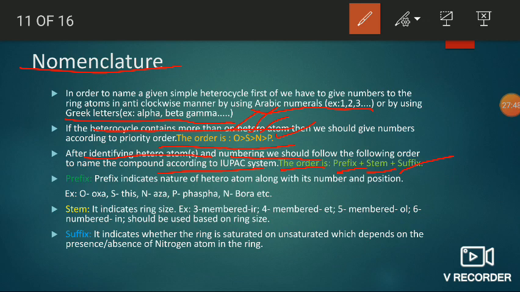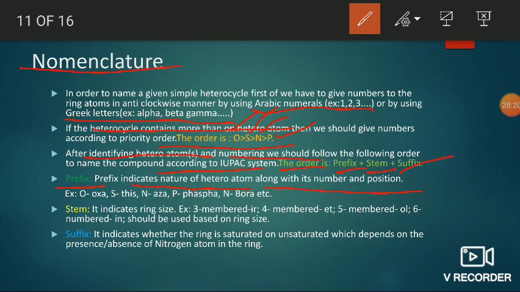First one is prefix, the middle part is stem, and the last one is suffix. What is the prefix? Here, the prefix generally indicates the heteroatom or heteroatoms present in the heterocycle along with their number and positions. Prefix generally indicates the nature of the heteroatom along with its number and position.